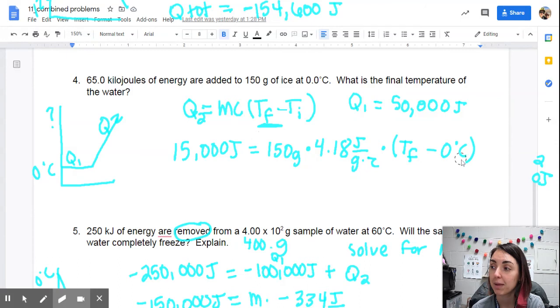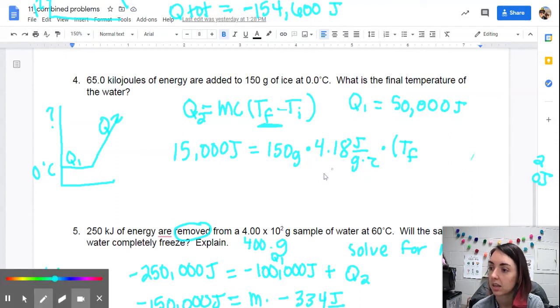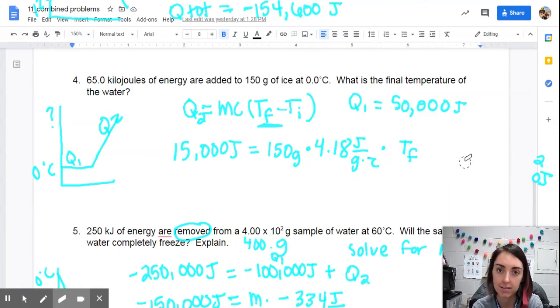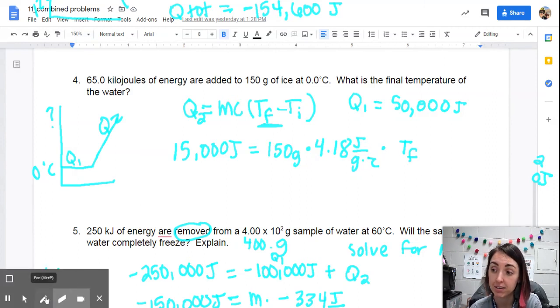Now the nice thing about this being minus 0 degrees Celsius is anything minus 0 is still itself. So I can just get rid of that and it's just T final. That makes my math a little bit simpler. It doesn't matter what temperature it is; if it's minus 0, it's not changing the temperature. So I'm just going to get rid of that minus 0 part in the parentheses, make life a little easier.